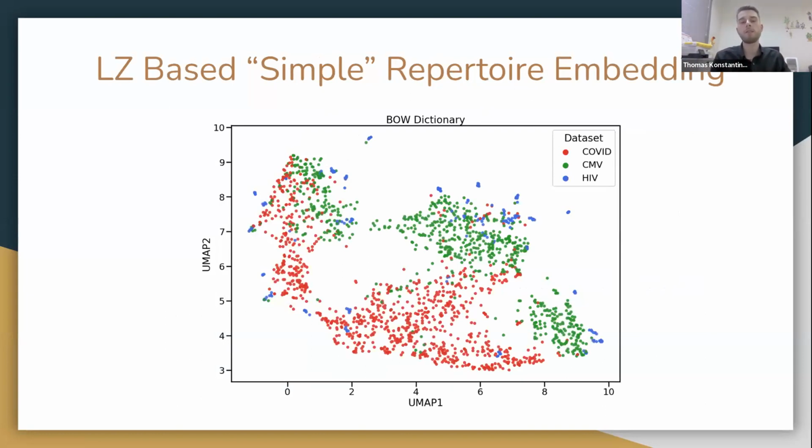As you can see in the figure on this slide, when we took almost 2,000 repertoires from 3 different data sets of HIV-infected individuals, the Emerson CMV data set, and almost 1,500 repertoires from a COVID data set, using those naive embeddings we already see an apparent batch effect-like effect appearing when we project those vectors onto 2D.